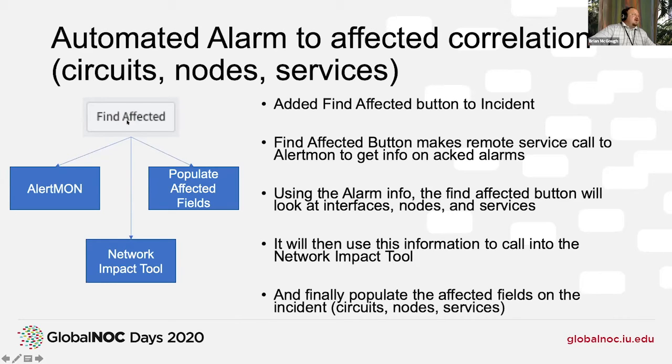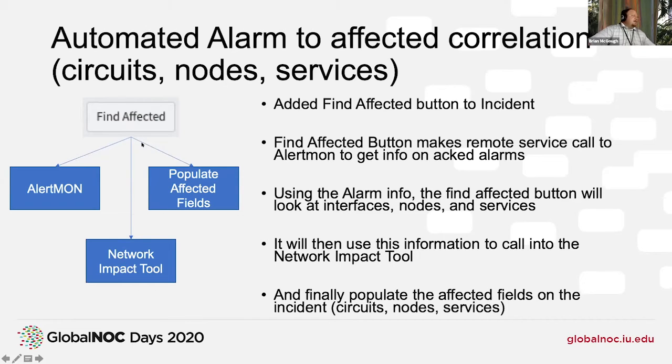And then we can take that information, parse it out, and send it off to the network impact tool and say, hey, based on what we know from the affected assets in AlertMon, tell me what the impact is on the network, and in this case, even services. So we've started adding that functionality, really just in one small use case right now, but we'll be growing that over time.